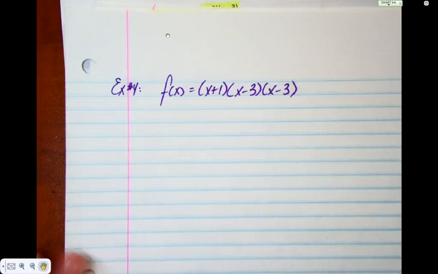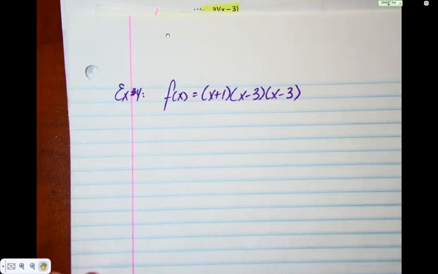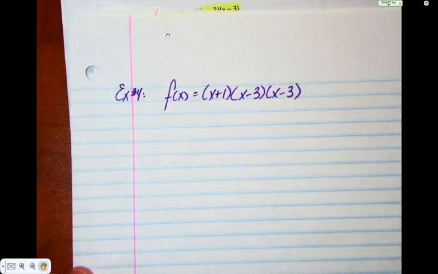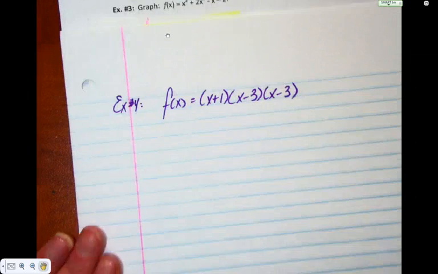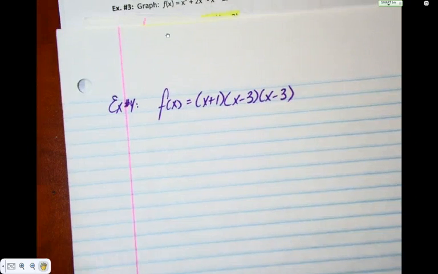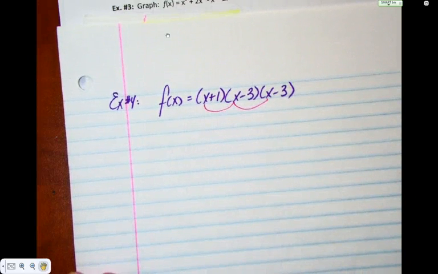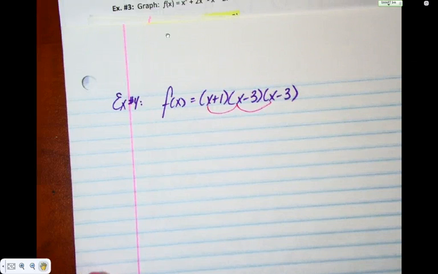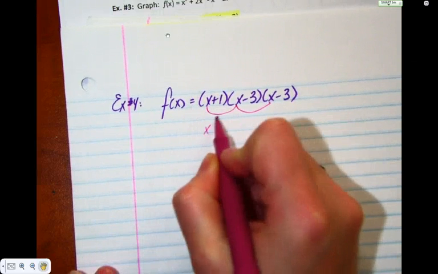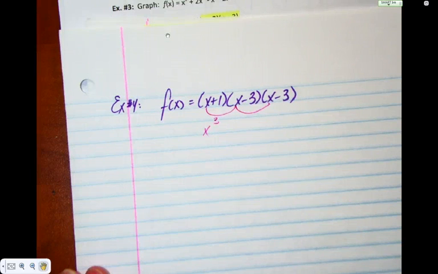Step 1. Very first step. It's in a box. We put a highlighter around it. Name it. So when it's already in factored form, we just need to multiply all the x's together to see what the degree is going to be. So x times x times x is a degree of 3. Okay, so name it. Cubic. Does it have a positive leading coefficient or a negative leading coefficient?